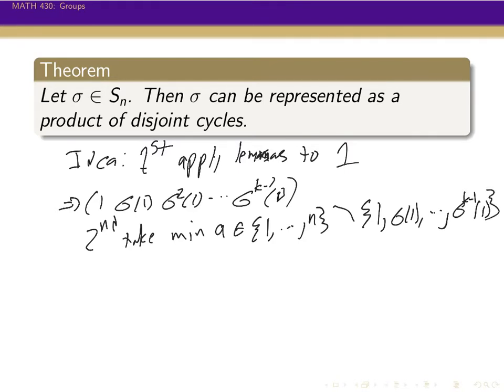So let a be the minimal number in there. Then we apply the same thing, and we get a new cycle: a, sigma of a, sigma squared of a, up to, let's call it, sigma to the L minus 1 of a. So this is now an L-cycle coming from a.